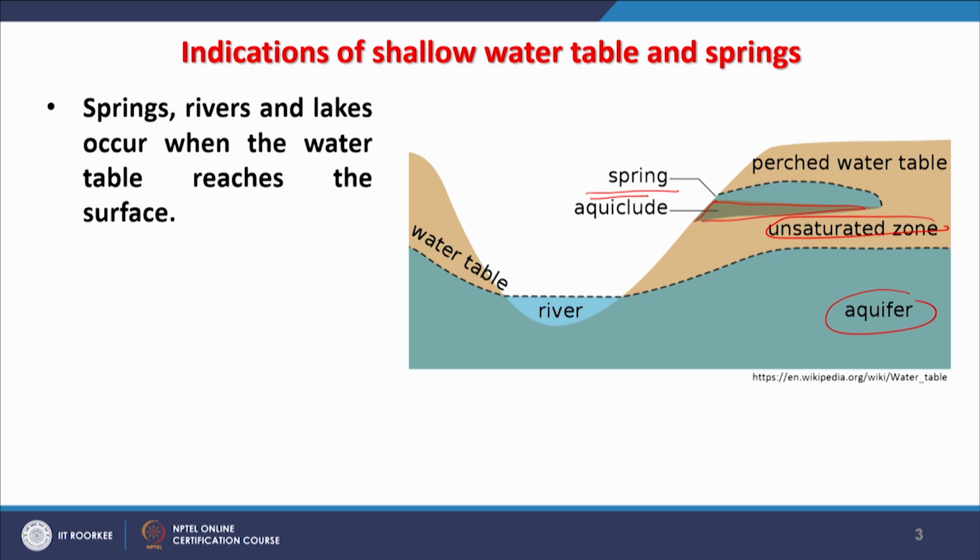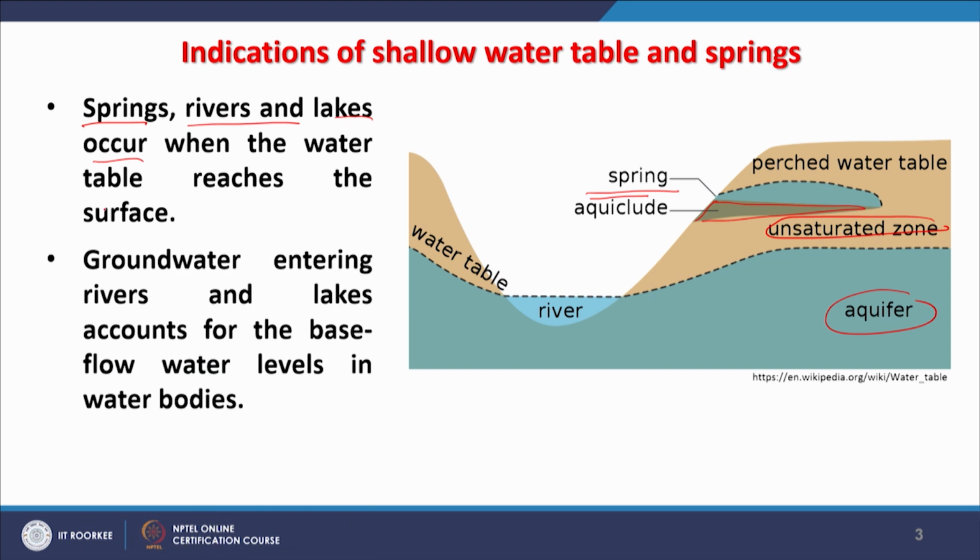The springs, rivers and lakes occur when the water table reaches the surface. As we recall, we said these are direct indicators of groundwater conditions. Direct indicators of groundwater conditions are springs, rivers, lakes and ponds. All of these exist because the water table is near the surface.